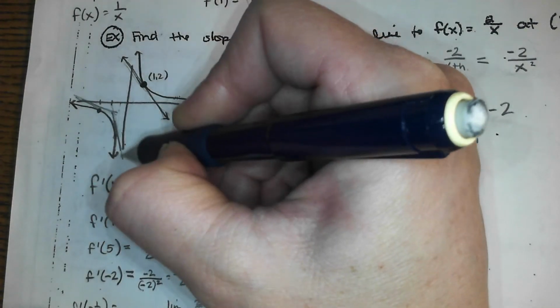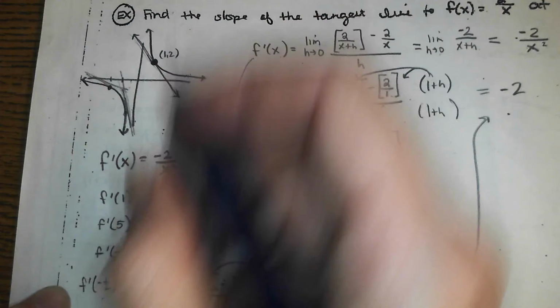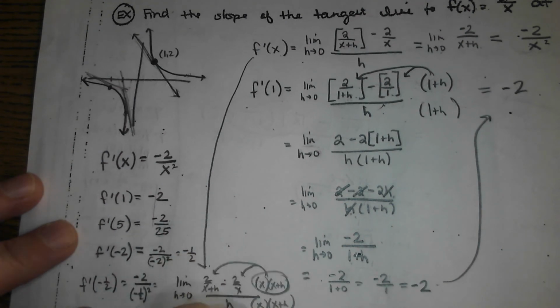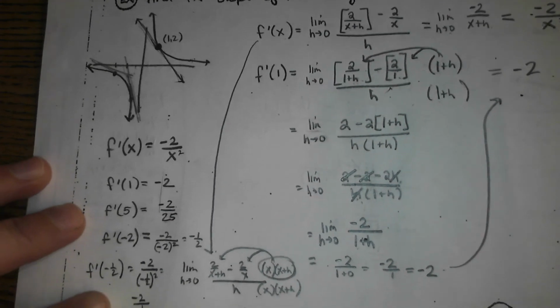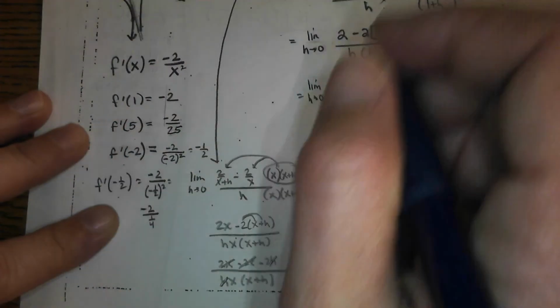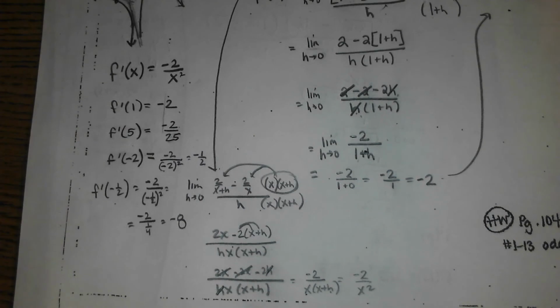Positive or negative? How negative? Very, right? That's pretty steep. So if you check that, negative 2 over negative 1/2 squared, that's negative 2 over 1/4, right? Which is negative 8. That's pretty negative, right? Whole numbers are pretty negative, okay?